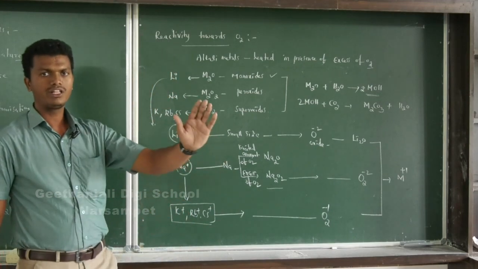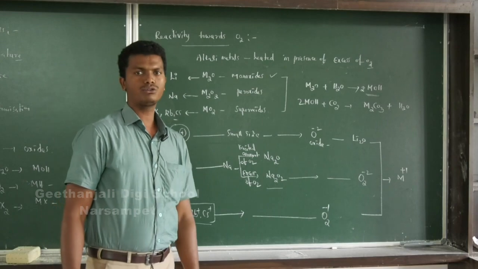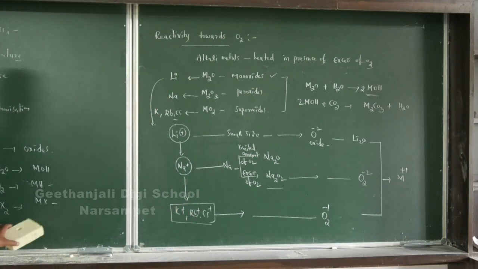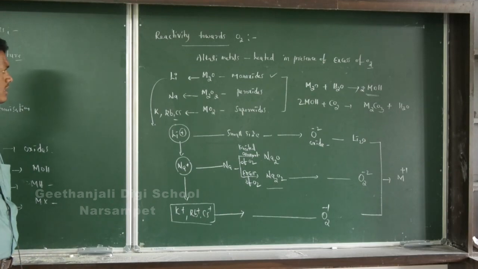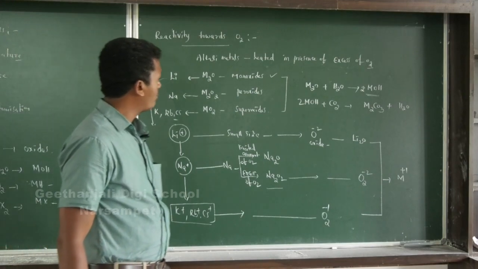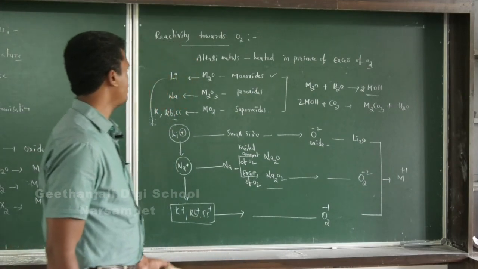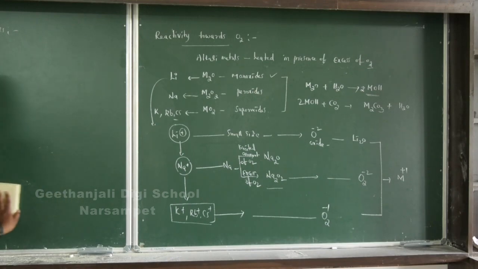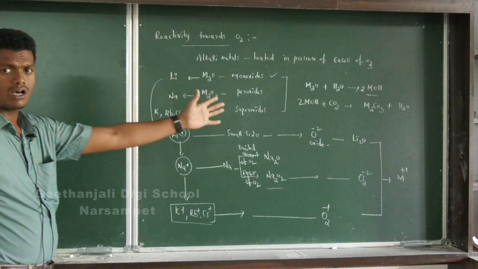That's why they need to lose that one outermost electron and form a unipositive ion. That's about reactivity towards oxygen. When they react with oxygen, they make three types of oxides. In all those oxides, the oxidation state of the alkali metal will be the same, that is plus 1. That's about reactivity towards oxygen, and the products are called oxides.